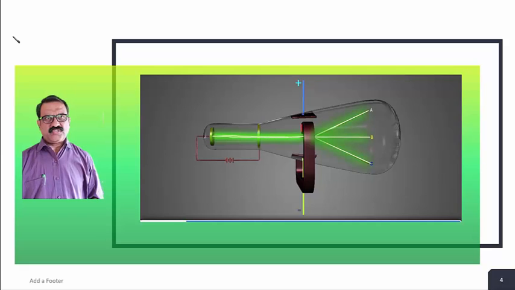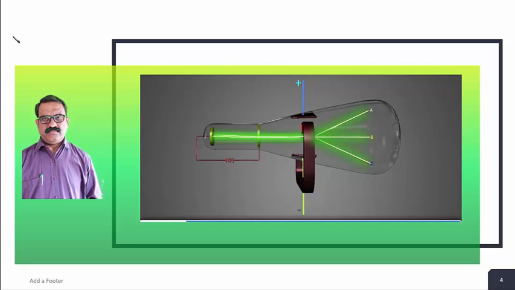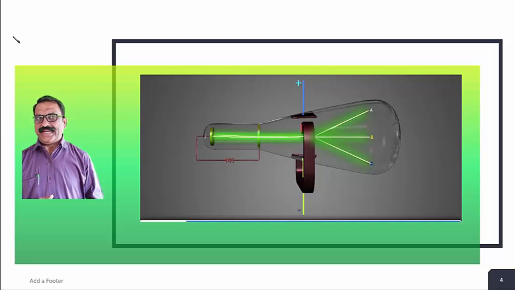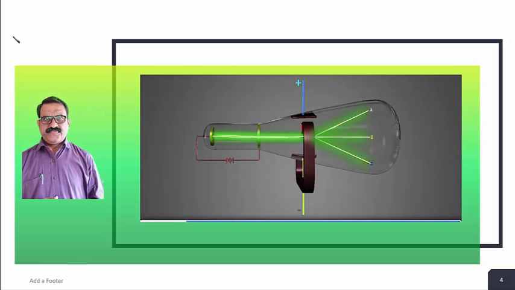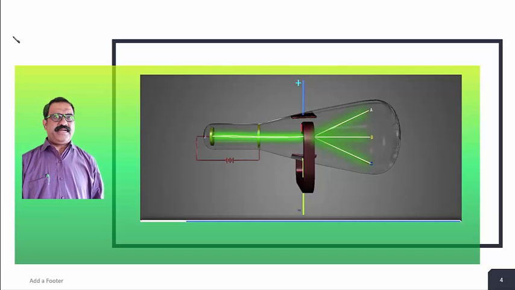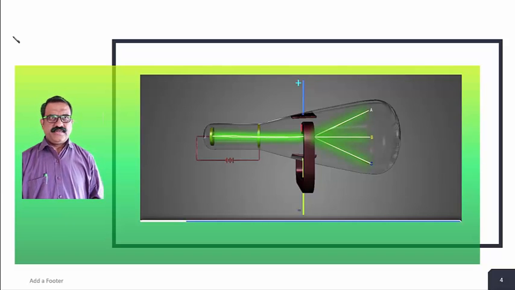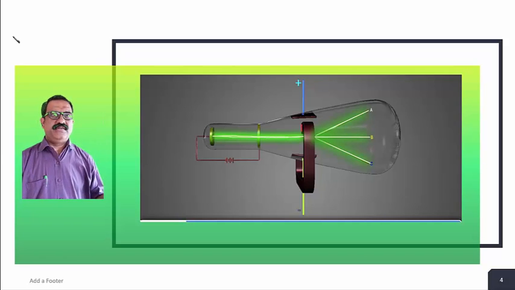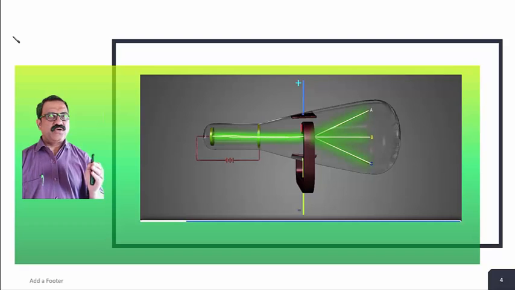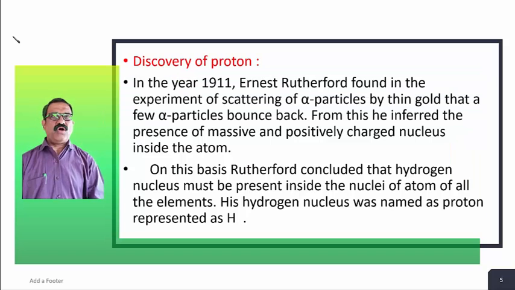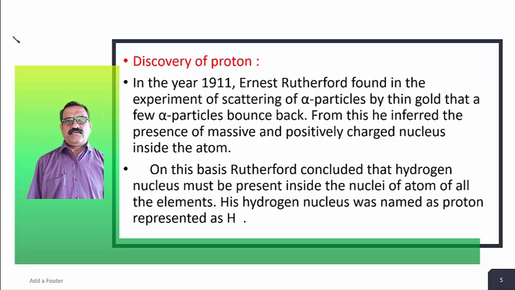There is a glass tube, which is known as a cathode ray tube. Some external electrical field is applied, and you observe that some rays are emitted, which are known as cathode rays. Later on, these rays are called electrons.